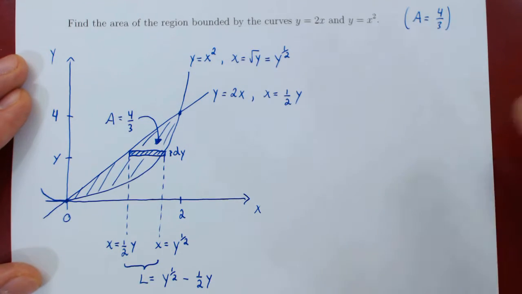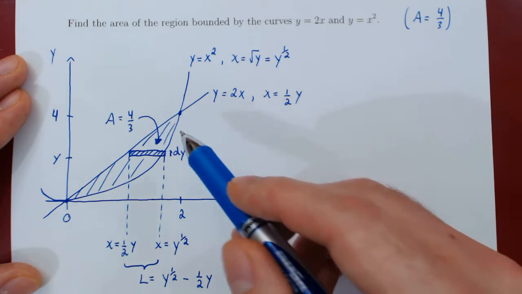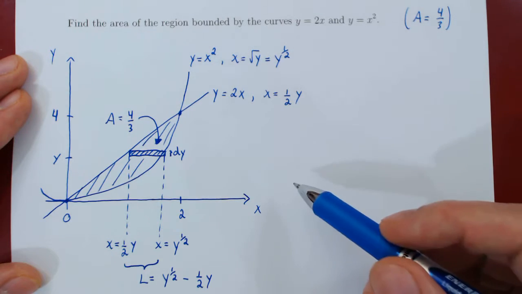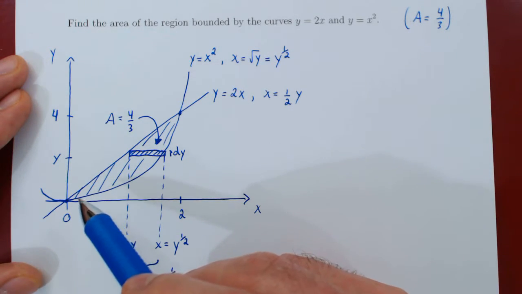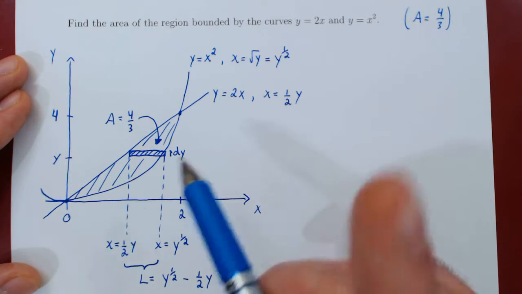And you might wonder, what was the point of introducing this new solution? Well, the idea is the following. Every time you look at a region in the xy plane, bounded by 2, 3, or any number of curves, and you want to find the exact area of this region, you always have two options.